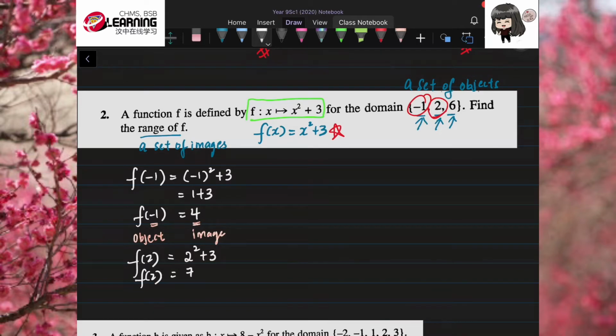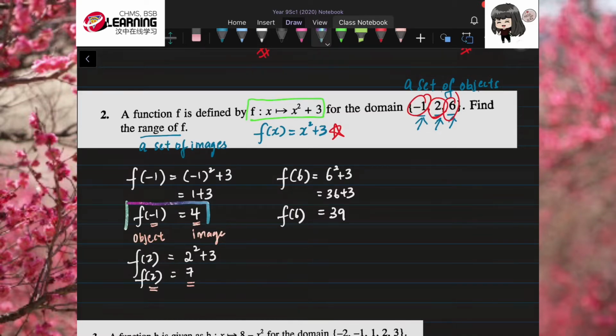So f of 2 is 7. This is your object 2, and this is your image 7. The last one is 6. F of 6 equals 6 squared plus 3, which is 36 plus 3, and it gives you 39. So f of 6 is 39.